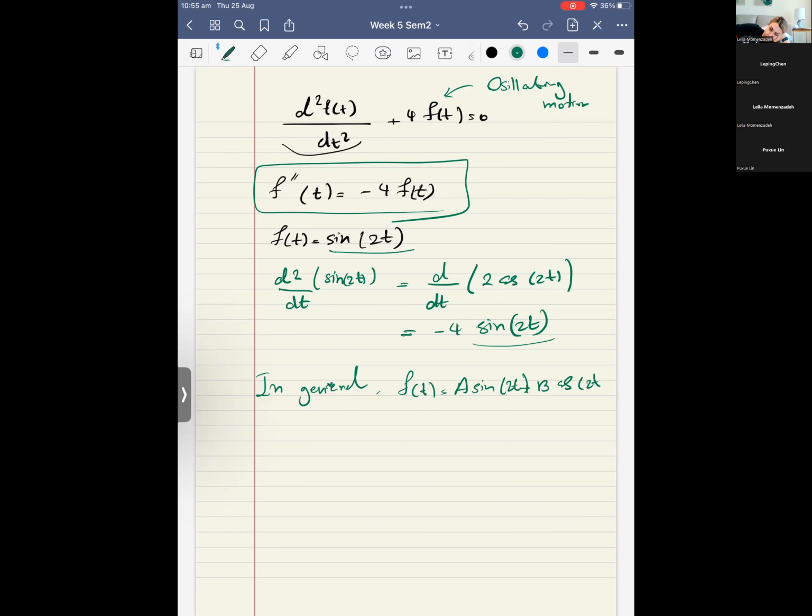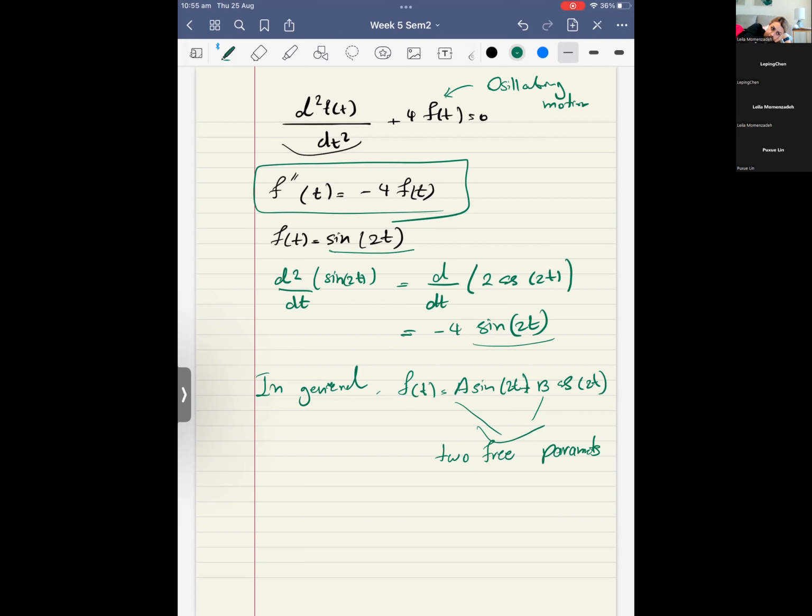Both of them have an oscillating motion, and a and b are two free parameters. Okay, this is the family of solutions.